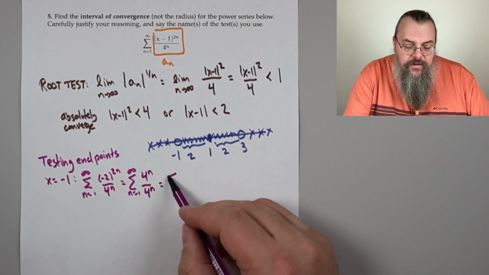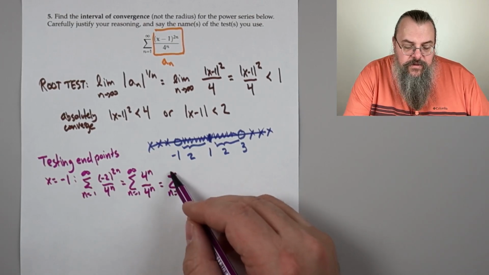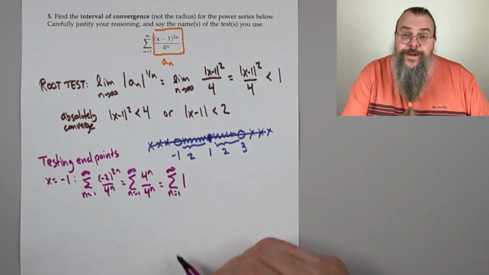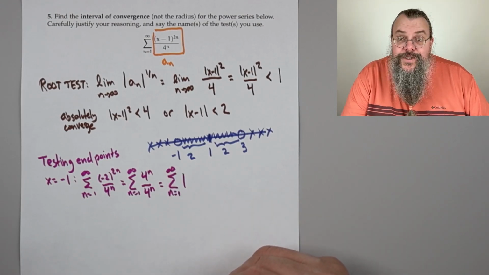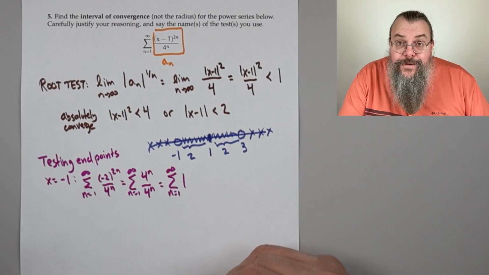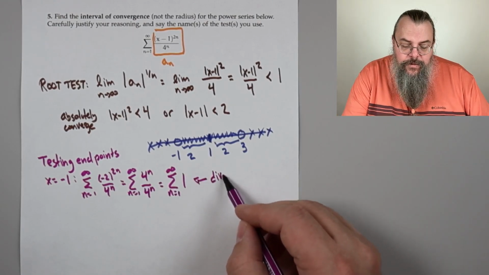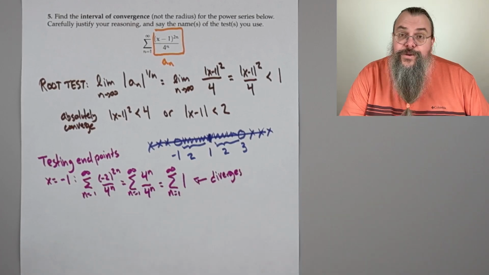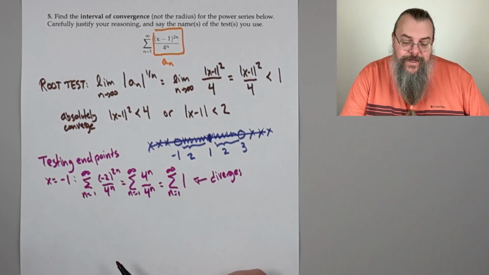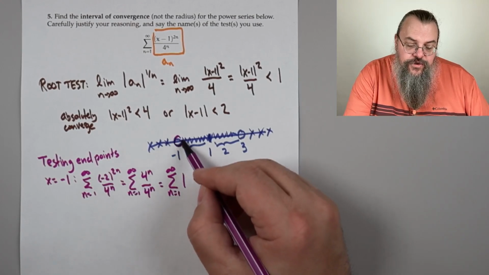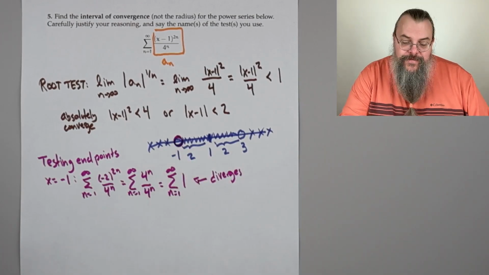Well, okay, so that's the sum n equals 1 to infinity of 1. Well, does that sum converge or diverge? Diverges. So that tells us that we are not going to include negative 1. All right, so this should truly be an open circle.